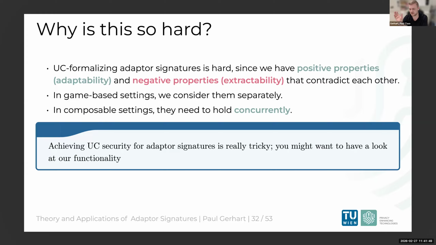So you have one game for extractability, one game for adaptability, and when you reason about adaptability, you don't need to take care of extractability. That's not the case in UC security. In UC security, you have both properties and they both need to hold concurrently. So at some point, the simulator needs to decide, should a signature be valid or should it be invalid? And that's a hard problem.